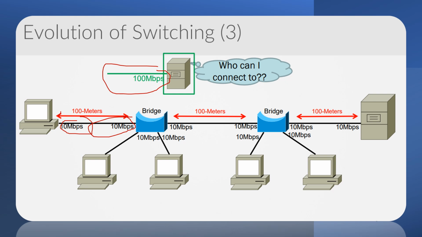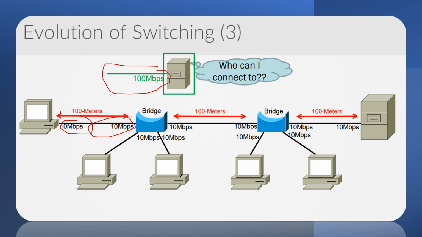That is not possible in bridges, because in bridges all the ports accept only the same speed of data. It can be 100 Mbps too, but if the bridge is 10 Mbps, then it would not accept 100 Mbps Ethernet cable.